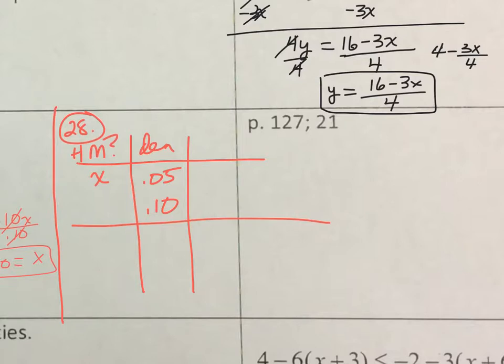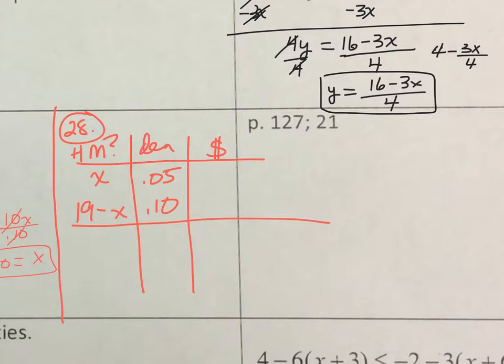Now I have 19 total. I used up X of those as nickels. So how many dimes? 19 minus X. There you go. So I have 19 minus X dimes left. Okay, so if we multiply the number of coins times how much each coin is worth, it's going to give me my amount of money.